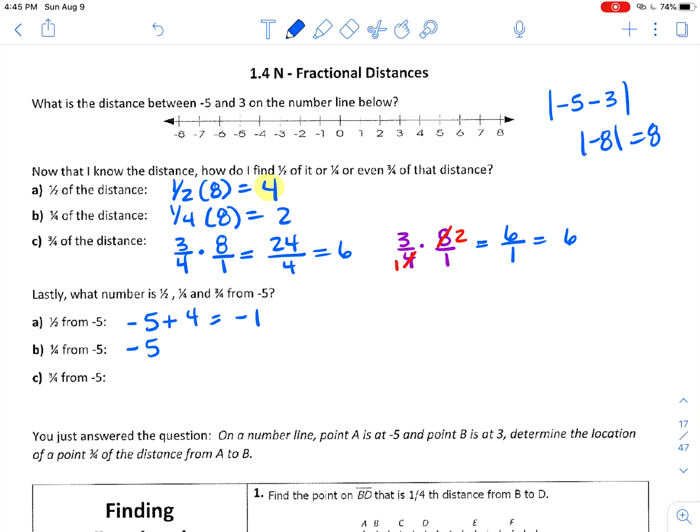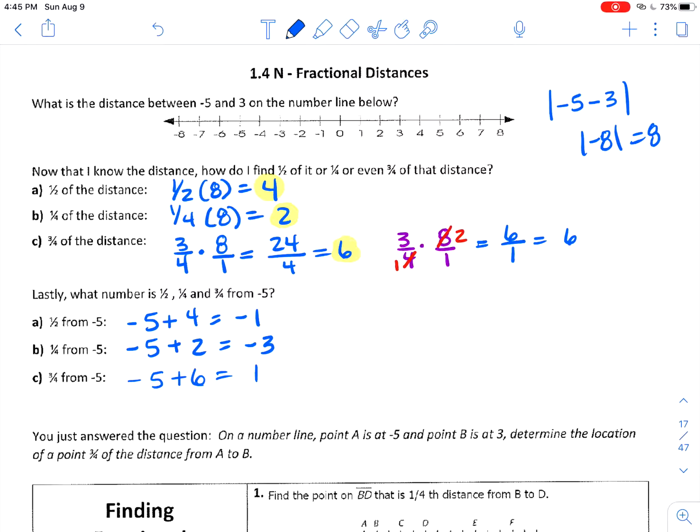So starting with -5, we're going to add the distance that is a fourth of the entire distance, which is 2, to -5, and that gives us -3. And lastly, -5, and the number that is 3/4 the distance, well, that is 6. So I'm going to add 6, and that gives me 1.